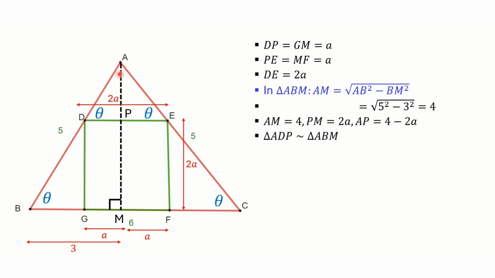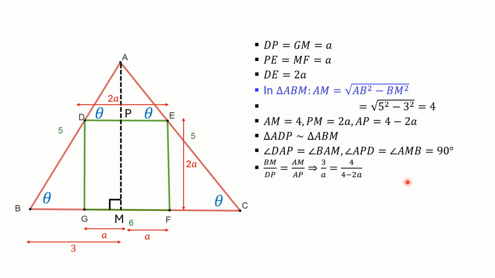Because angle DAP is equal to angle BAM, since this angle is common, and angle APD is equal to angle AMB, because both are 90 degrees. So these two triangles are similar triangles.